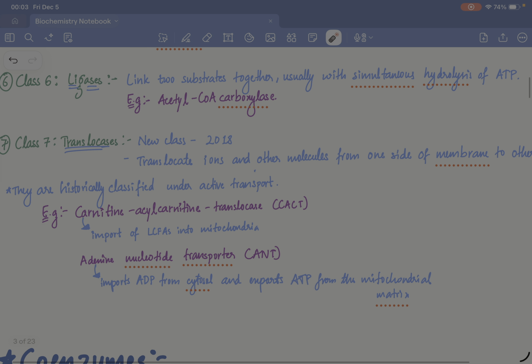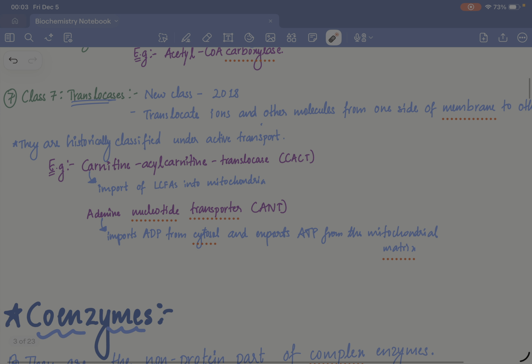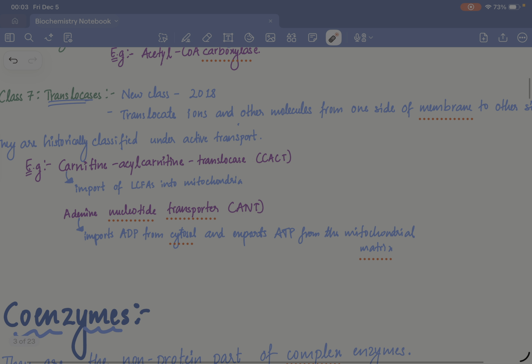Okay, this was all about the 6 classes which you have already learned in class 11. Then coming to the new class, relatively very new, introduced in 2018. Name is translocases. They translocate ions and other molecules from one side of a membrane to the other side.